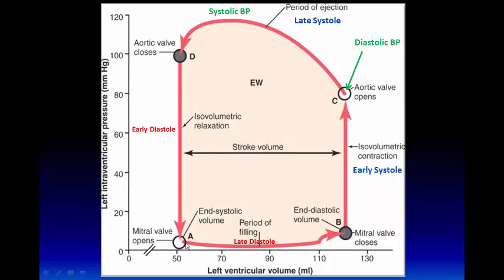So this is where we have the isotonic relaxation. Then here we have the early systole, which coincides with the isometric contraction phase, and the late systole, which coincides with the period of ejection, the ejection phases.